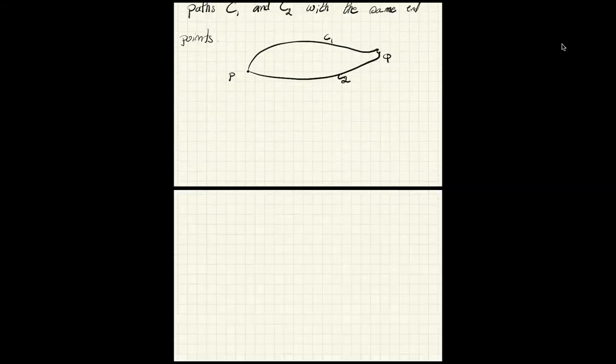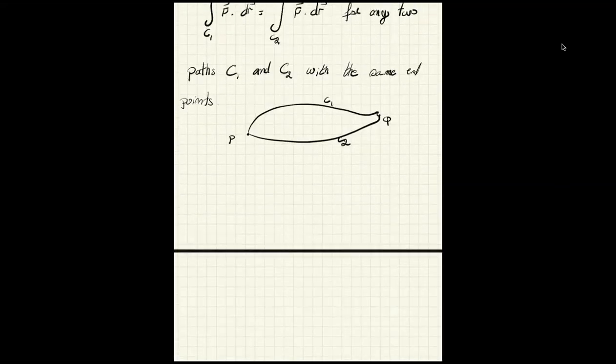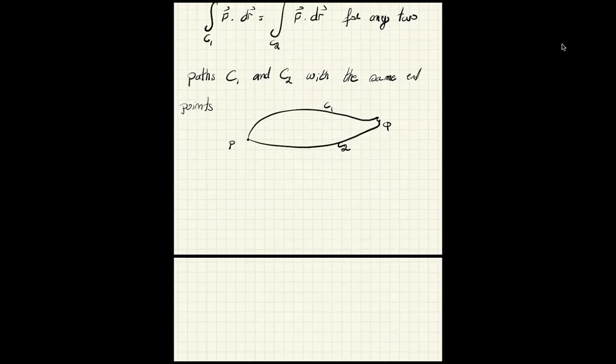So remember, what is a conservative vector field? This is why they're called conservative. You guys remember what a conservative vector field means, right?